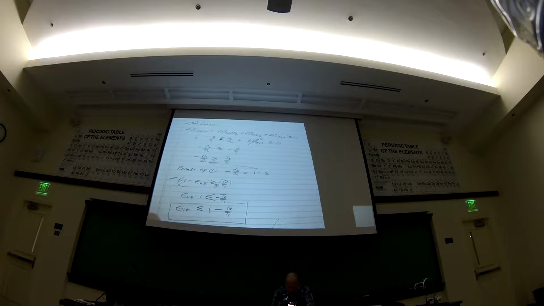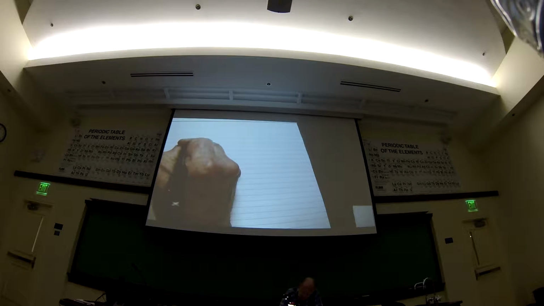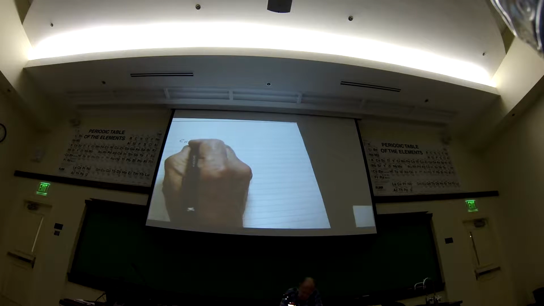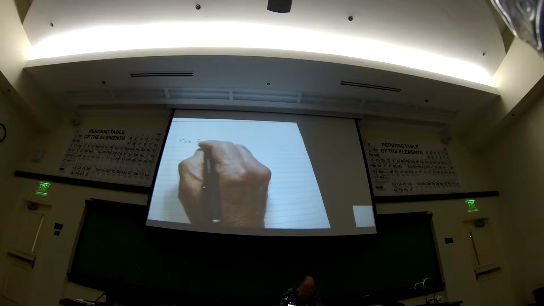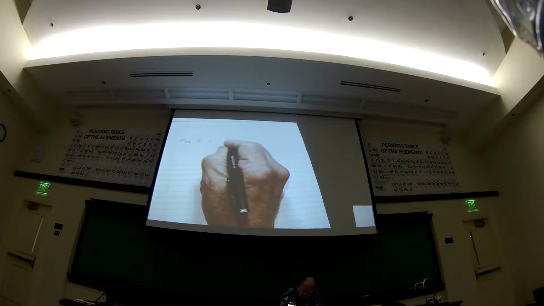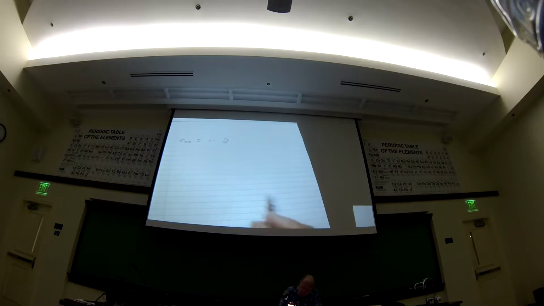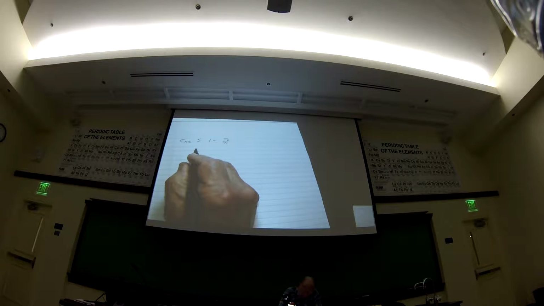Let's look at that result. Read it here. We have the efficiency of the heat engine is less than or equal to 1 minus T2 over T1. That's an equation that we could plot.